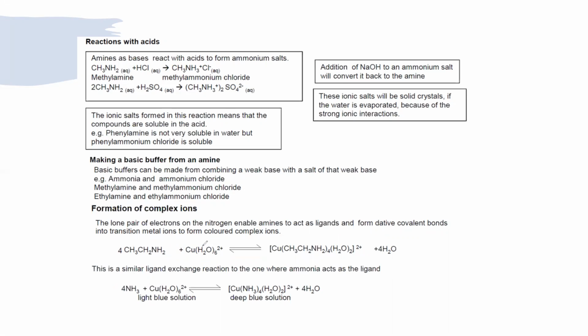The same thing happens if we add a small amount of ethylamine: it forms a blue precipitate, but this equation is given for excess. When we add an excess, ligand exchange occurs: the ethylamines added replace the water molecules. Is it clear? Yeah. So copy this part as well.